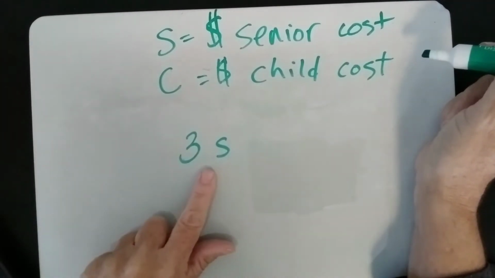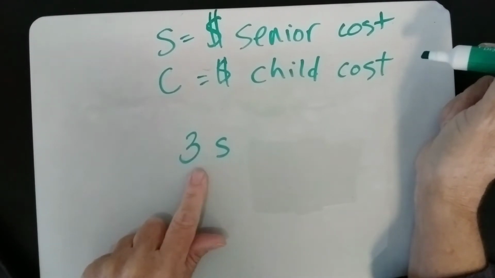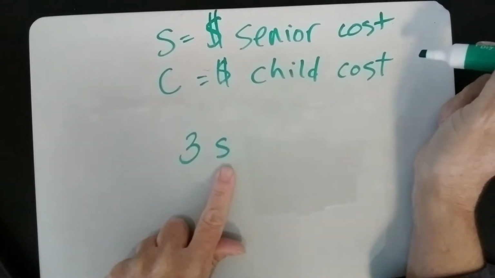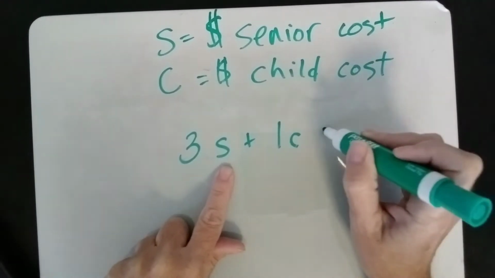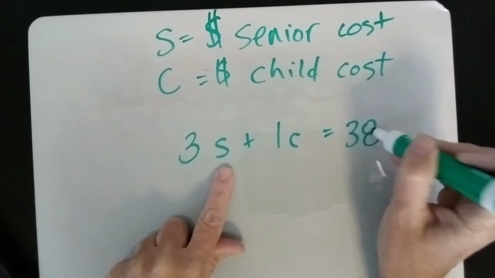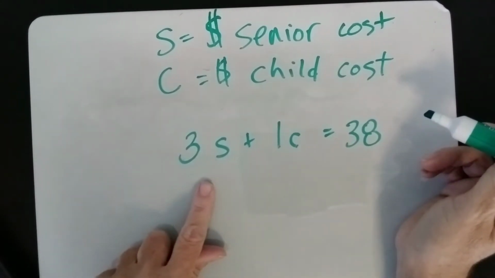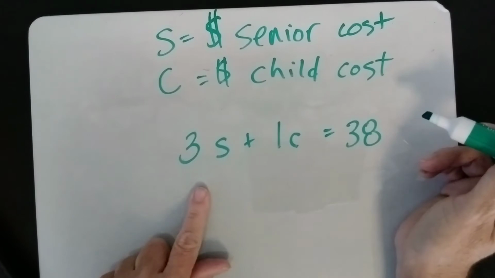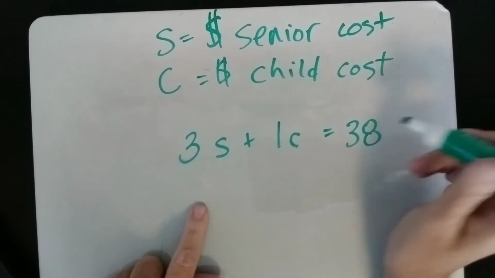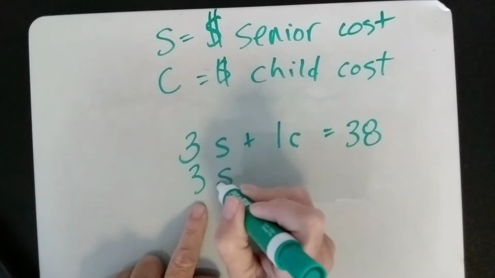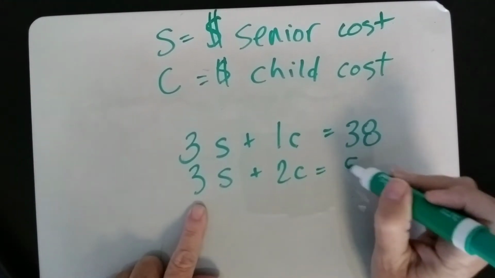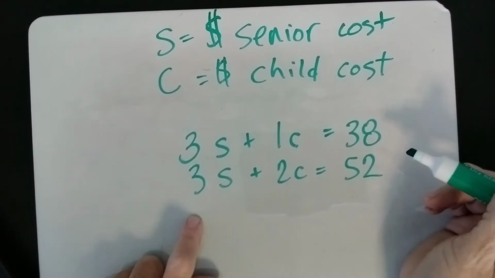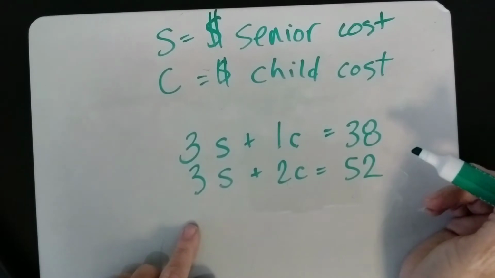And then our clue is that 3 senior tickets plus 1 child ticket costs $38. The next sentence says the school took in $52 on the second day by selling 3 senior tickets and 2 child tickets.